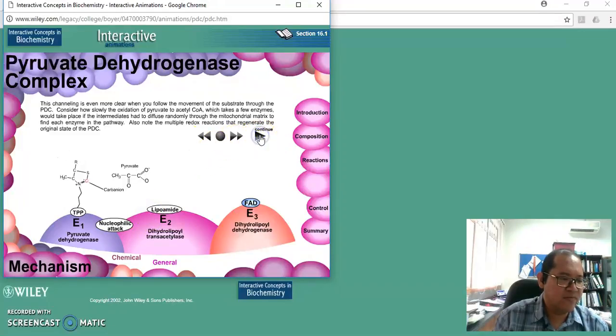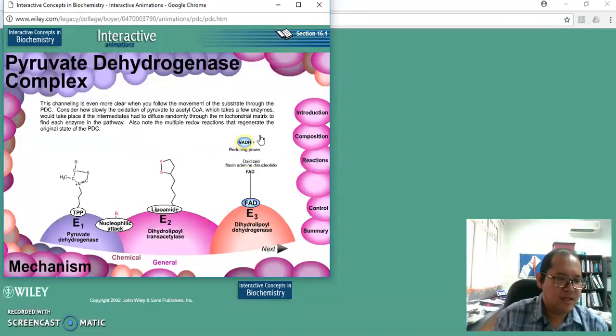Alright, so it's converted, then you have the carbanion, so you release CO2, then the active acetaldehyde will go to the nucleophilic attack, and then they will move forward and remove another carbanion. It will be the oxidized lipoamide, and from there they will take up coenzyme A, reduce lipoamide, then moves forward to reduce FADH, NADH.